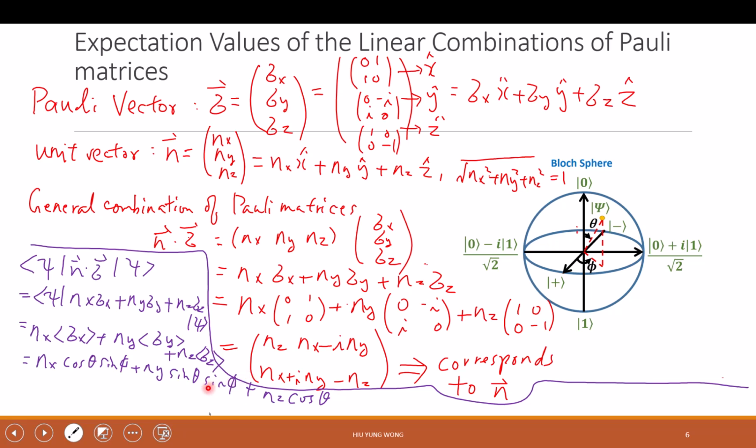Is that okay? But this is nothing but what? nx, ny, nz is just n, the unit vector, and cosine theta, sine phi and so on are just the Bloch vector. So this concludes what you guessed earlier: the expectation value of the state for this general matrix, which corresponds to the direction n, is just equal to the projection of that Bloch vector onto n.